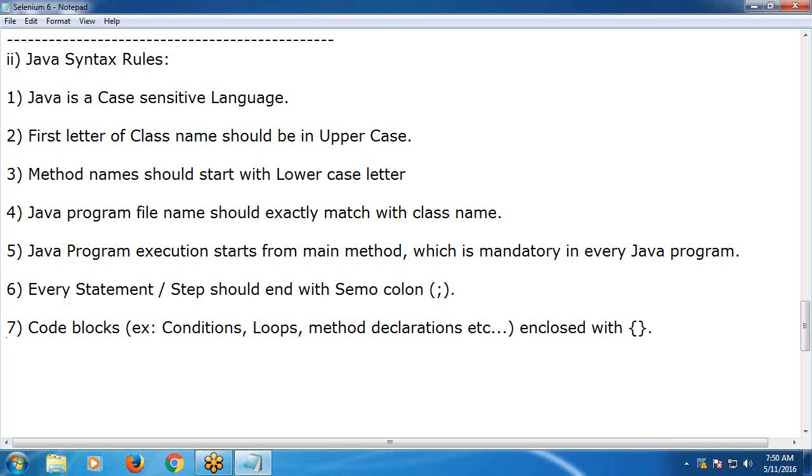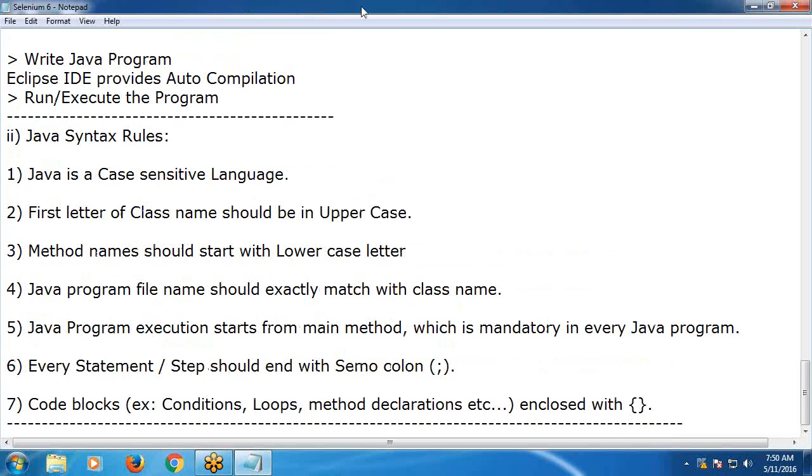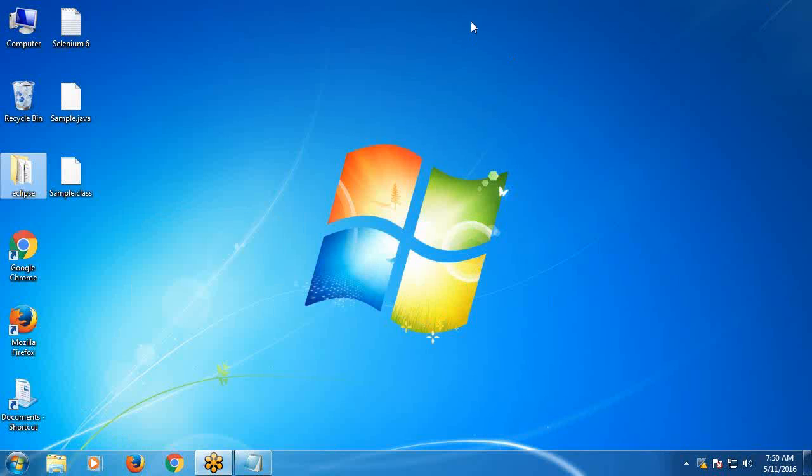See, these are the important Java syntax rules. Can you tell me, Dilpreet, what are the important Java syntax rules? So Java is case sensitive. Java is a case sensitive language.